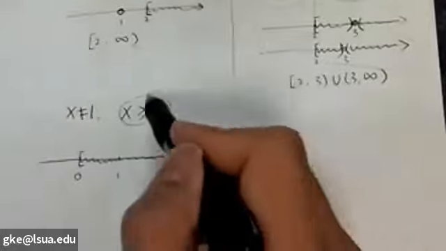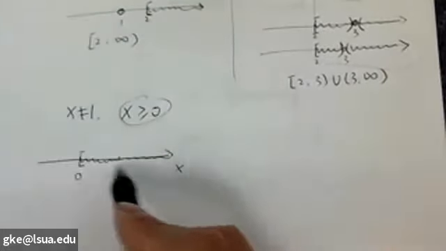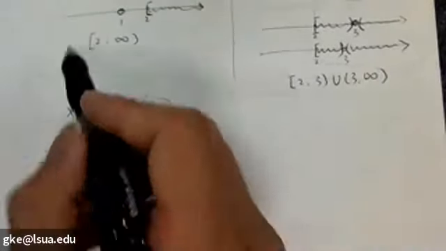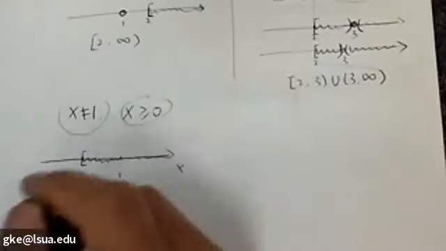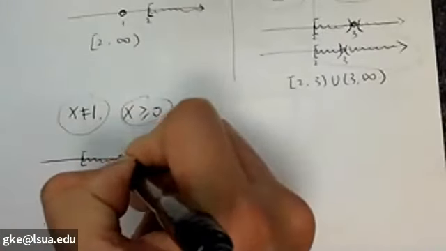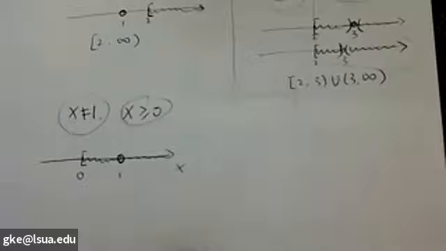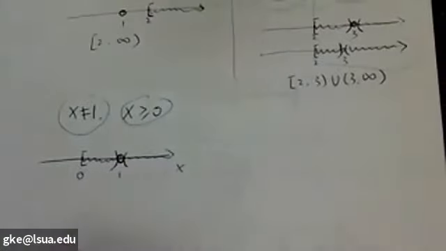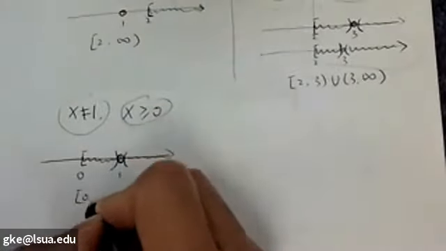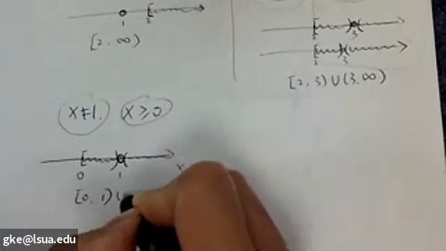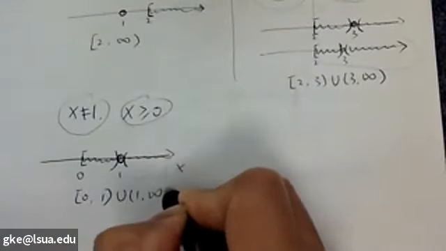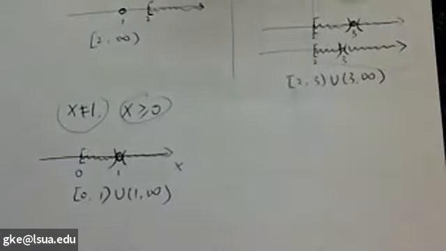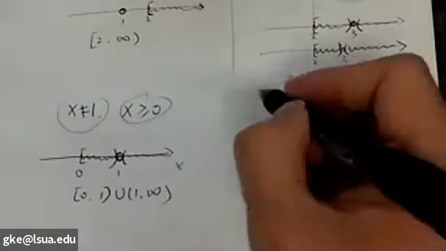Everybody understands how to draw this from here to infinity. And here we have x doesn't equal 1. That means what? It's a breakpoint. And a breakpoint means we're gonna break this part into 2 parts. Then what? We have 0 to 1, 1 to infinity. Okay. And another example is gonna be here.